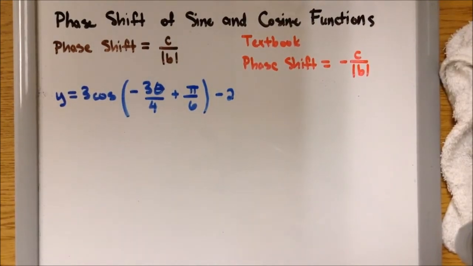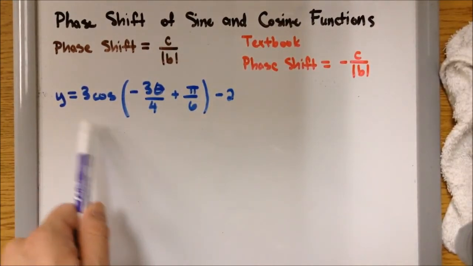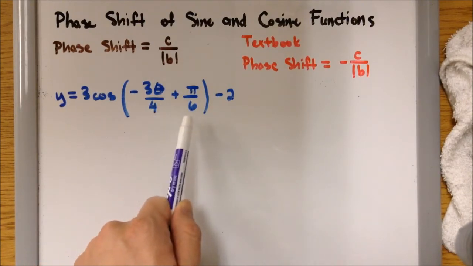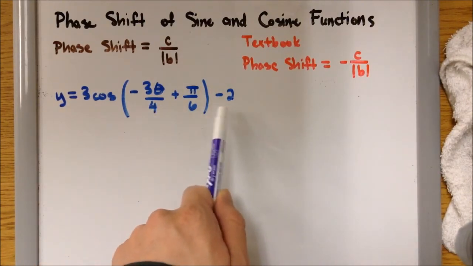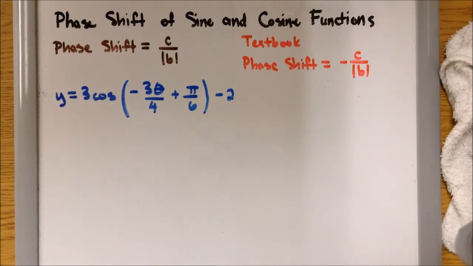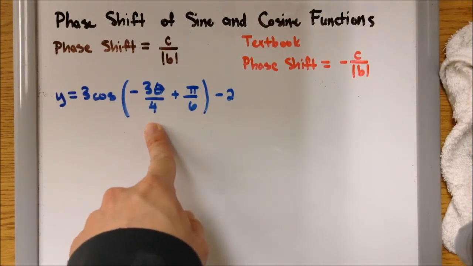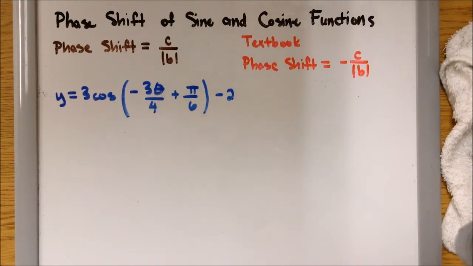Alright, in our third example, we have y equals 3 cosine of negative 3 theta over 4 plus pi over 6, then minus 2. So it's just like how we did in frequency. Now I'm not going to rewrite this. I now know how to factor out the fraction from theta.